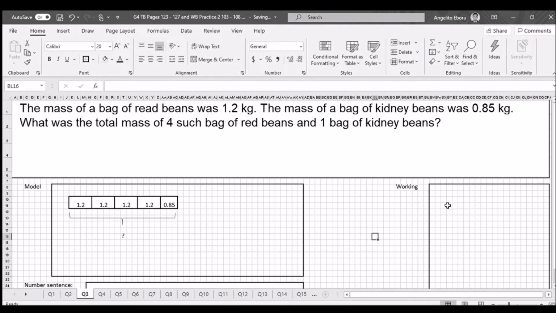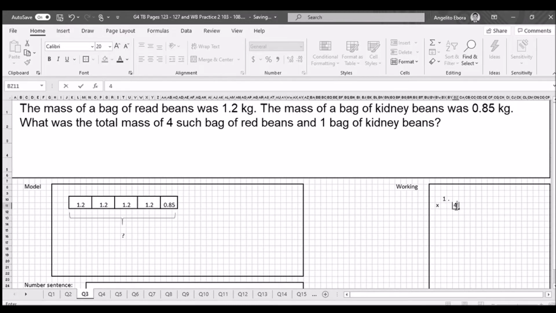Okay, so what I'm going to do here is to multiply first, 1.2 times 4. So 2 times 4 is 8. And then the decimal point, and then 4.